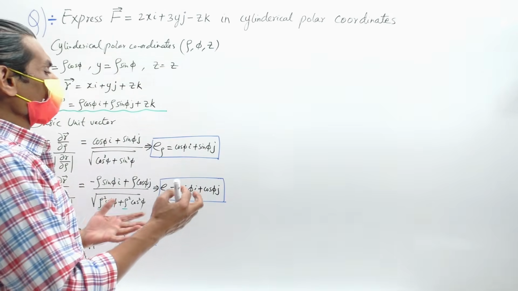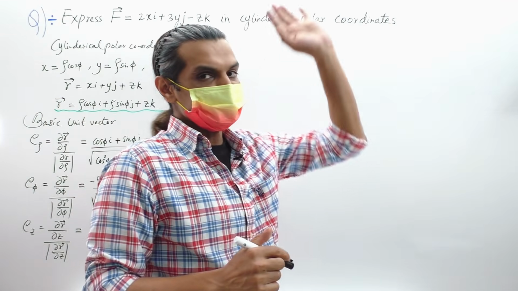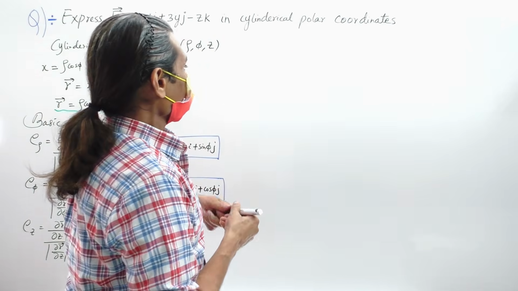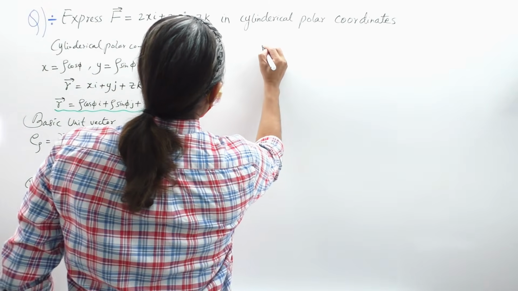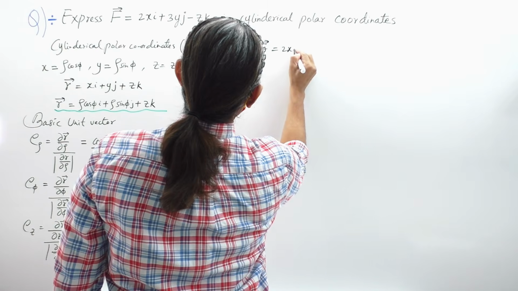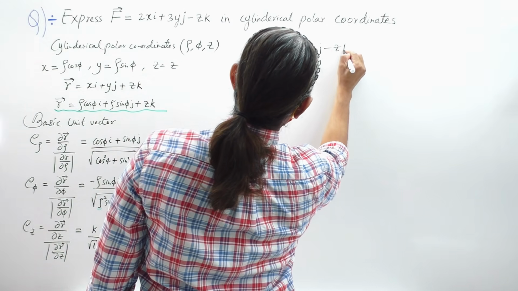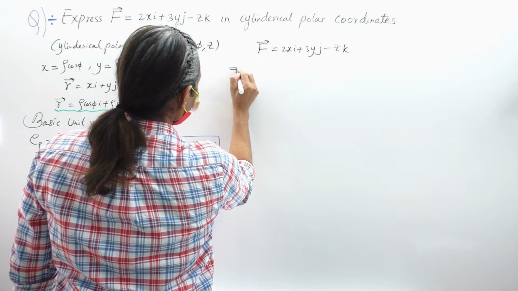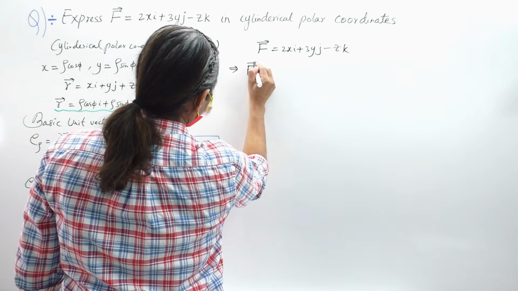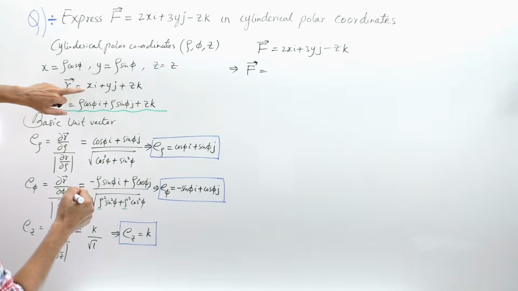Now, as we have found all the basic unit vectors E rho, E phi and Ez, the next is the process of converting it. So we have here from the problem, F vector equals 2xi plus 3yj minus zk. That implies we can write this F vector in terms of cylindrical coordinates as, what is x?